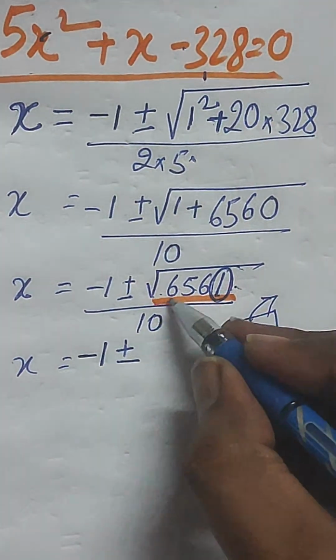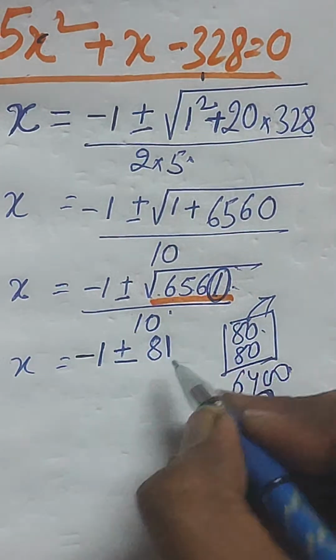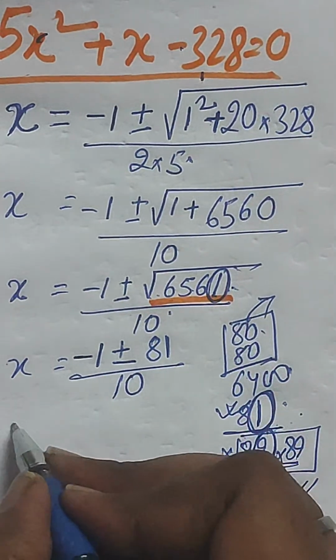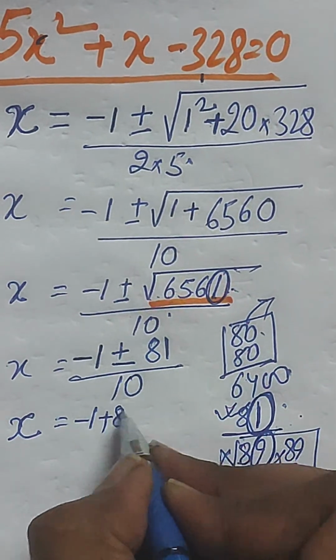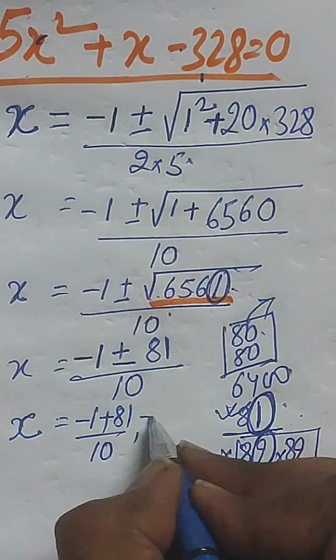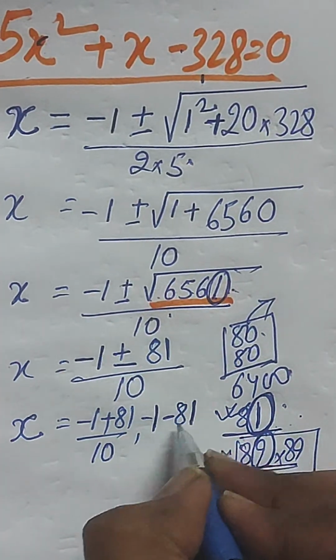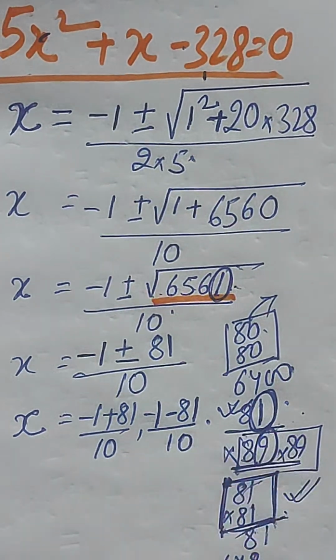So when you take the square root of 6561, the number is 81. So instead of root 6561, write 81 divided by 10, and then we get the value of x as equal to -1 plus 81 by 10 and -1 minus 81 by 10, right?